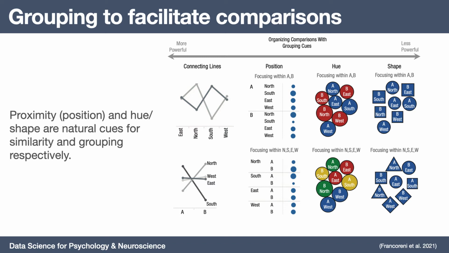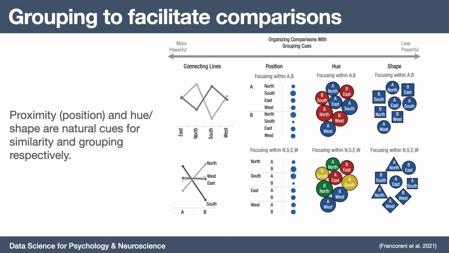So the plot in the lower left and the plot in the upper left are showing the same data, just along two different dimensions. And which dimension you choose, A versus B or east, north, south, west, determines how the reader sees the differences along those dimensions.